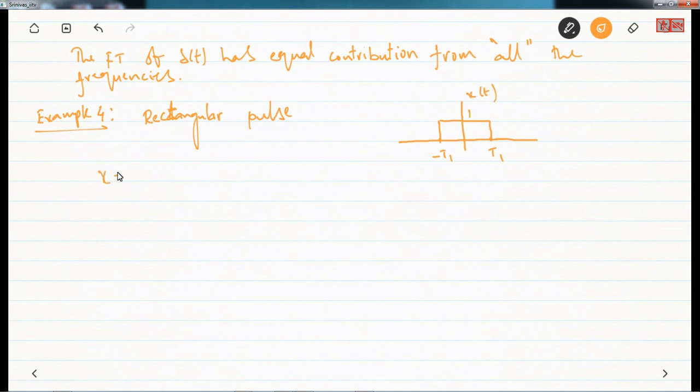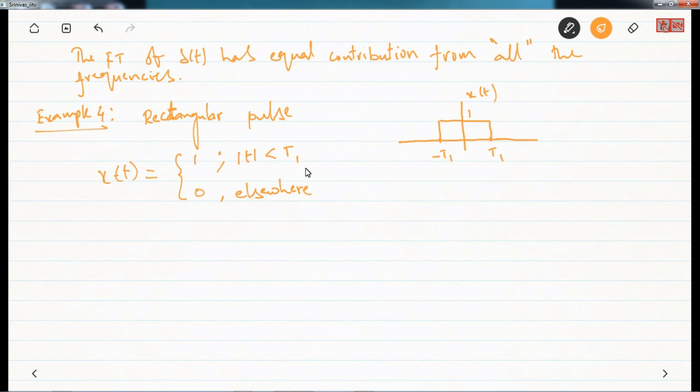So x of t can be expressed mathematically as 1 for modulus of t less than t1, and it is 0 elsewhere.